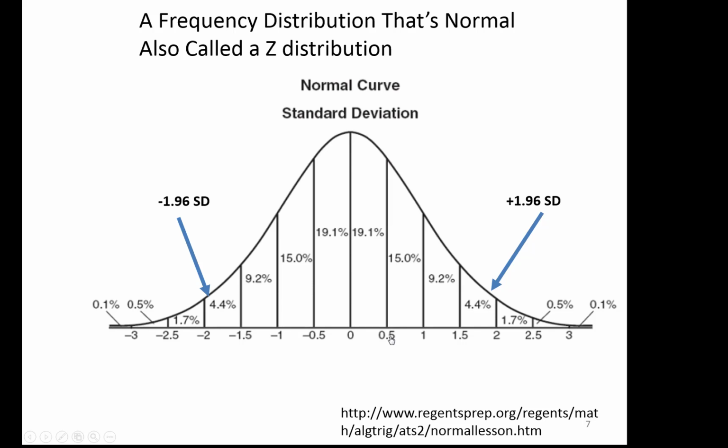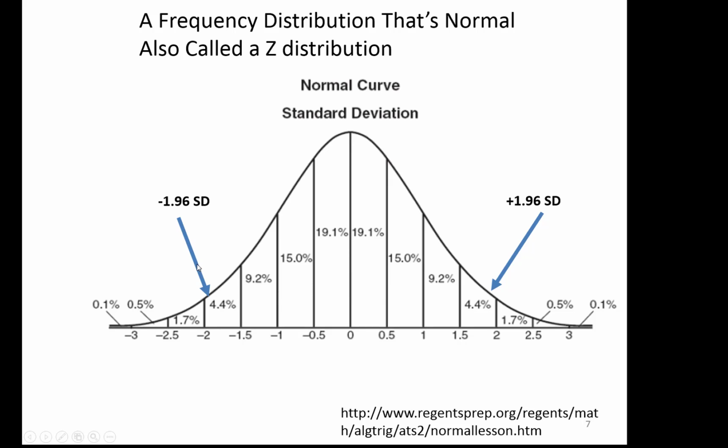As you've probably seen earlier, within a half a standard deviation around the mean, you have about 38% of the values, and within 1 standard deviation of the mean, you have 38 plus 15 plus 15, which adds up to 68% of the values. So 68% of the values of a variable that is normally distributed are expected to be between -1 standard deviation and +1 standard deviation of the mean.